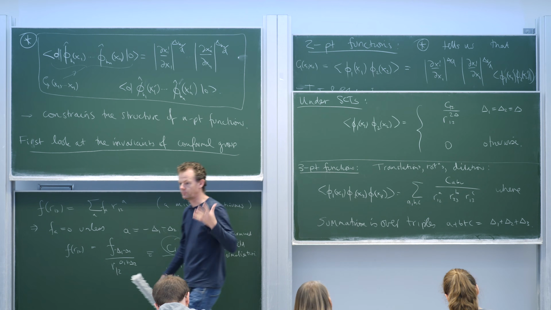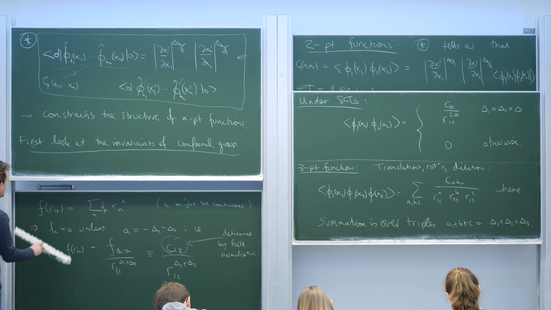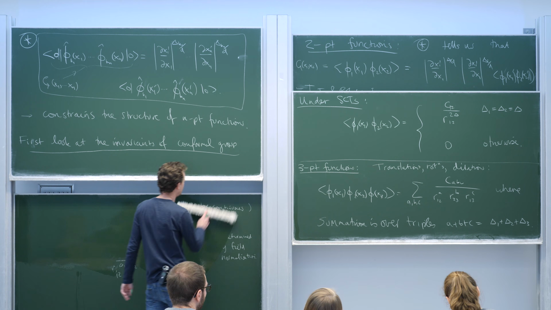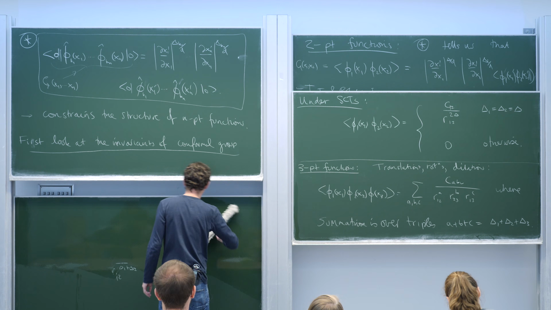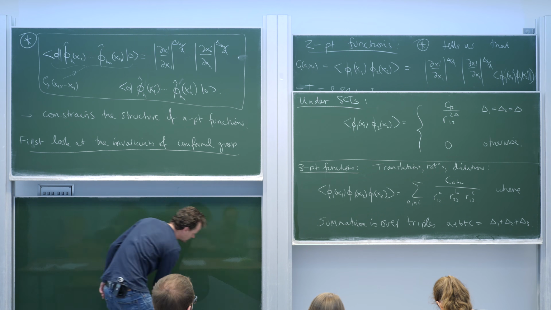So there's actually some freedom here. These functions could be a bit more general. However, when you calculate the consequences of special conformal transformations, you again very heavily constrain the outcome.